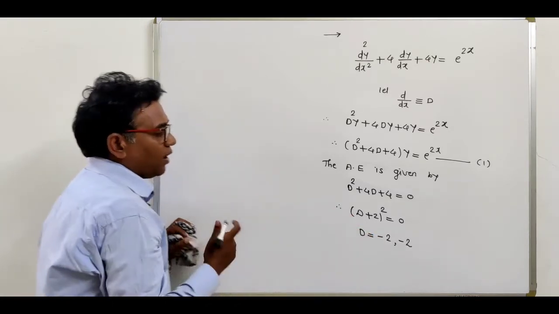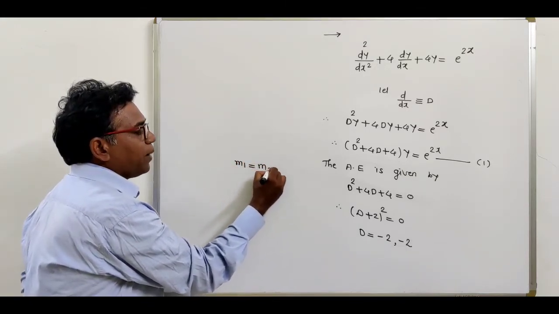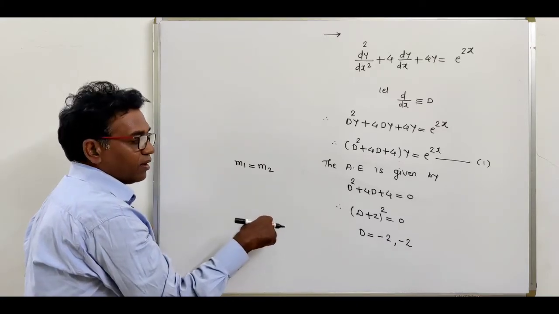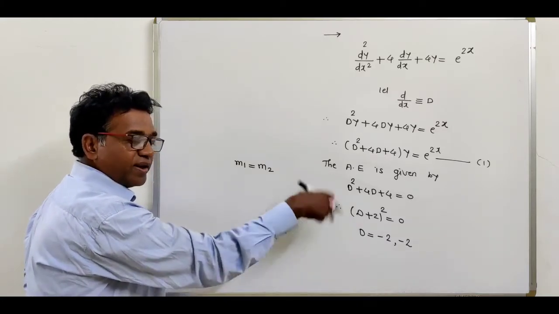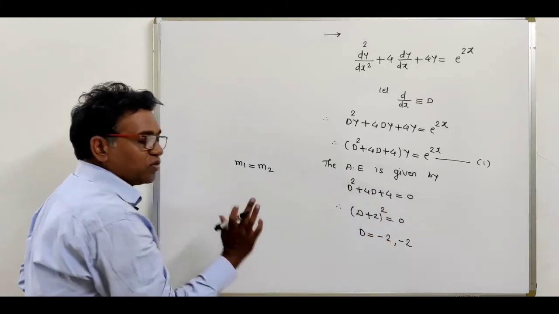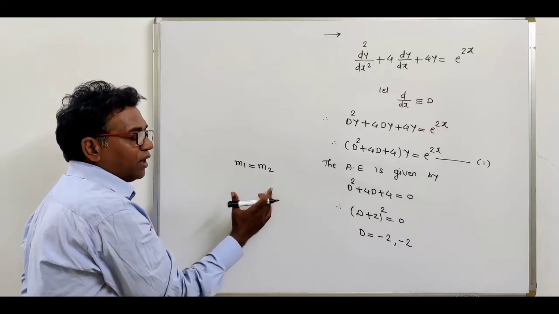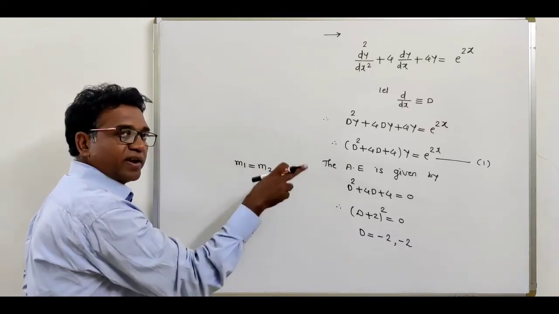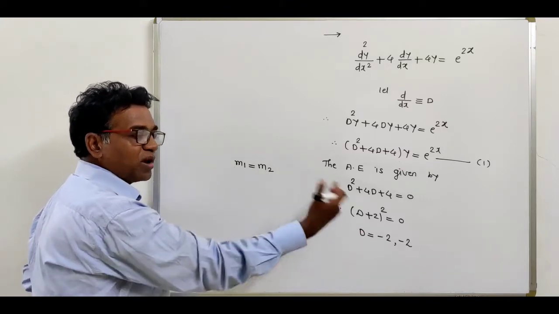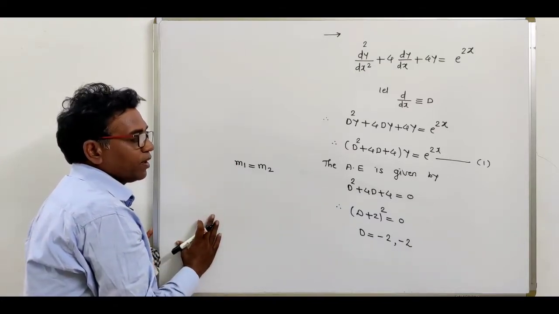Now see, what is the formula? If m1 is equal to m2 are the roots of the auxiliary equation. We have found these roots of the auxiliary equation. Now, if m1 is equal to m2, means if the root repeats 2 times, minus 2 and minus 2, so obviously the root repeats 2 times.